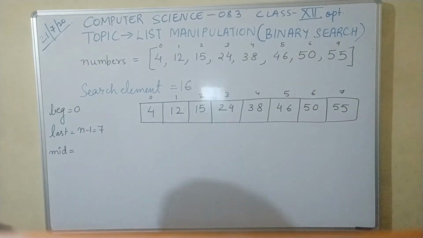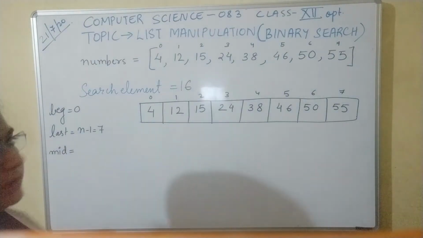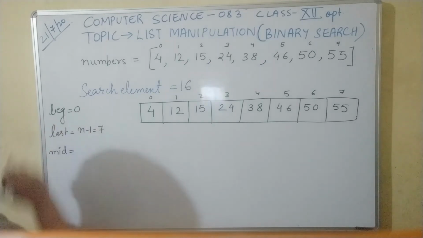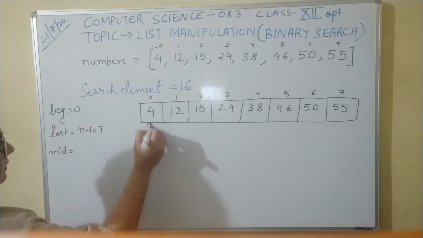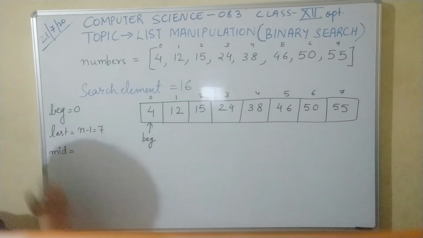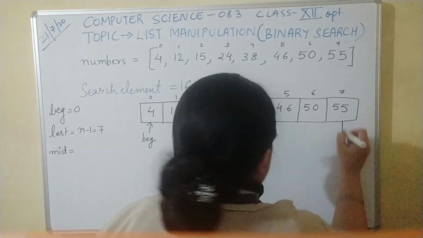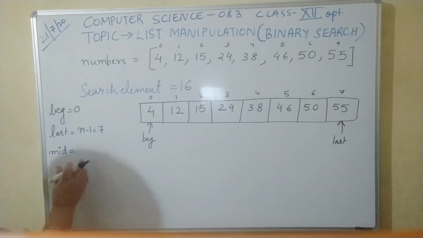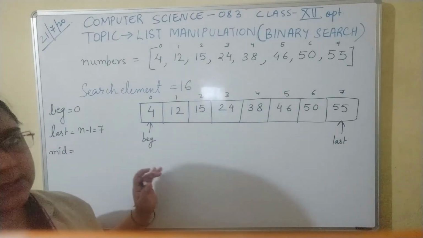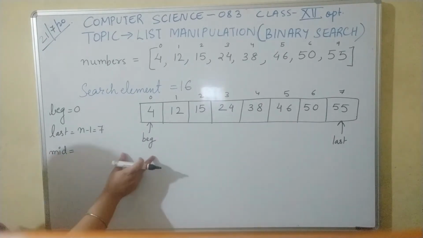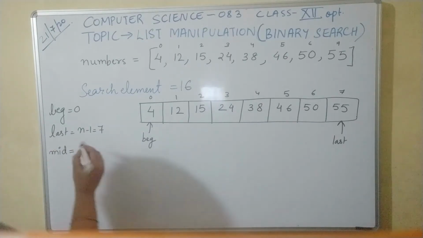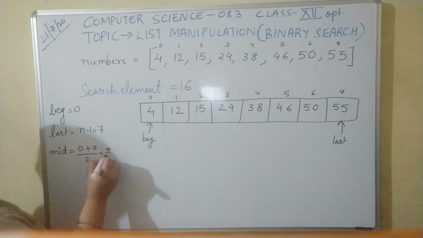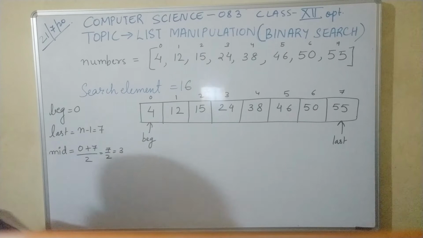So this is my list, and we are going to look for the value 16 in the list. So as usual, we start with beg as 0 and last as n. So over here we start, beg is 0 and last is 7. We calculate mid. So it is 3. Mid is 3.